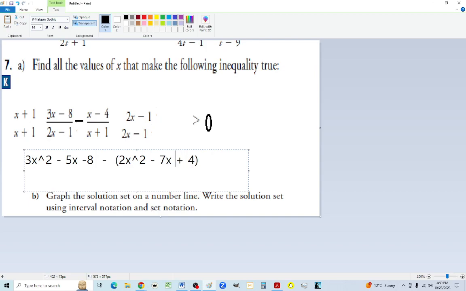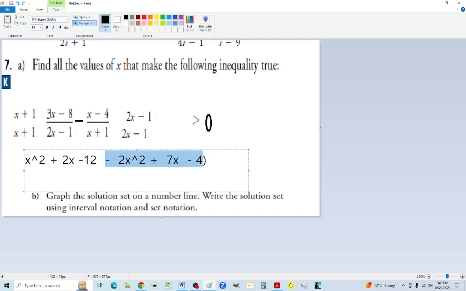And then when the minus goes through it, I get minus, plus, minus. Now let's see if that fixes it. Minus 5x plus 7x is plus 2x. Minus 8 minus 4 is minus 12. And 3x squared minus 2x squared is x squared. So I had it right.